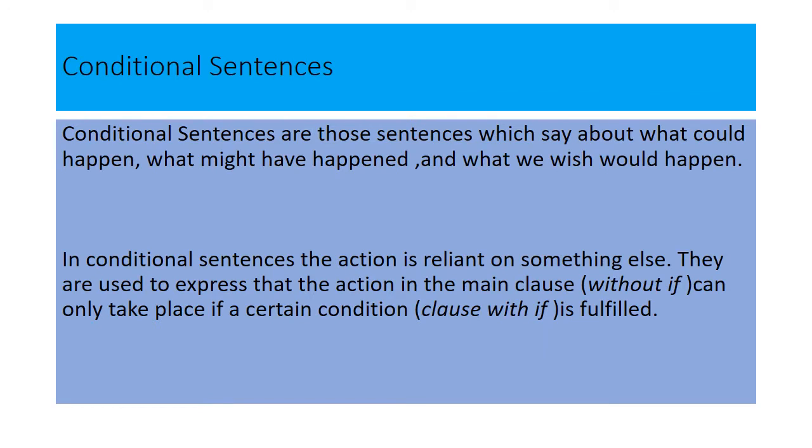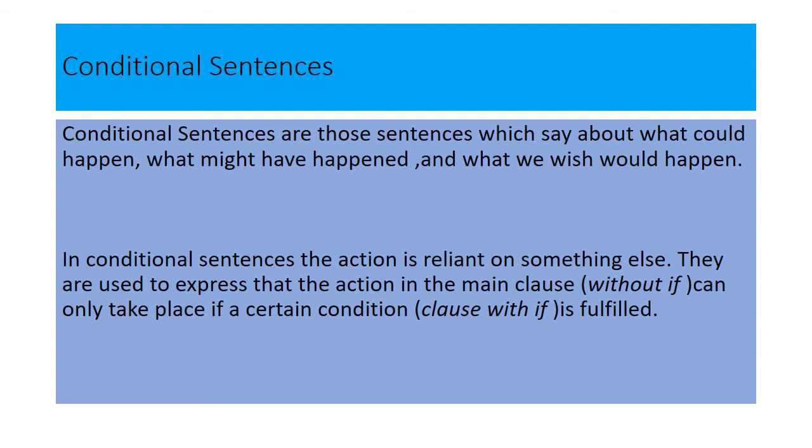Students, at first we need to know what is conditional sentence. The word condition means a kind of deal or a proviso for an action to take place. It means in order to make something happen, some prior conditions must be fulfilled. And conditional sentences are those sentences which say about what could happen, what might have happened, and what we wish would happen.